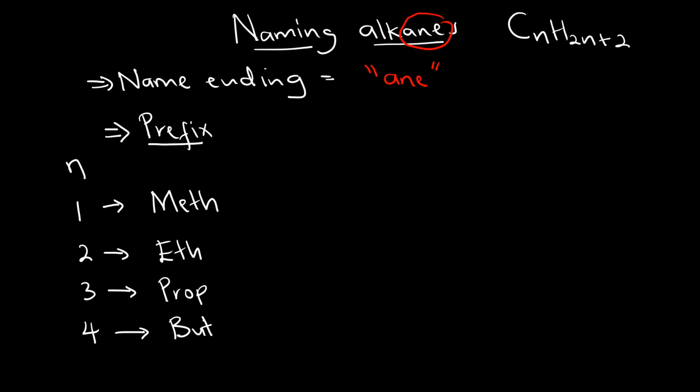Now, since we have said the name ending for alkanes is ANE, to name our first alkane whose value of N is 1, we just add ANE to meth, and we shall have the name methane.